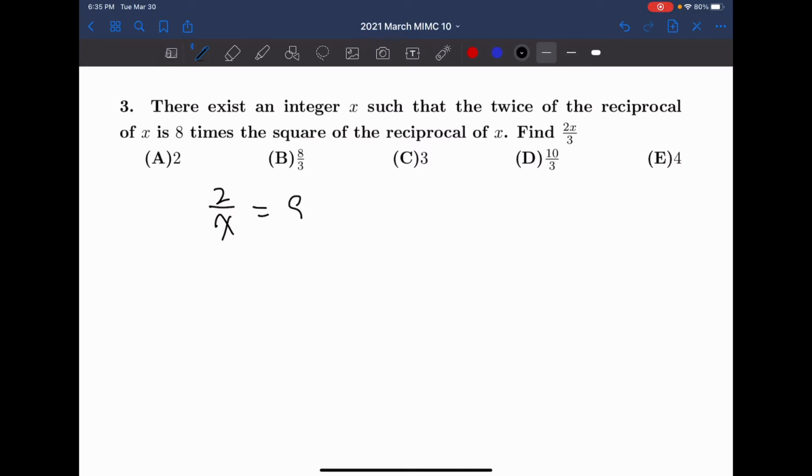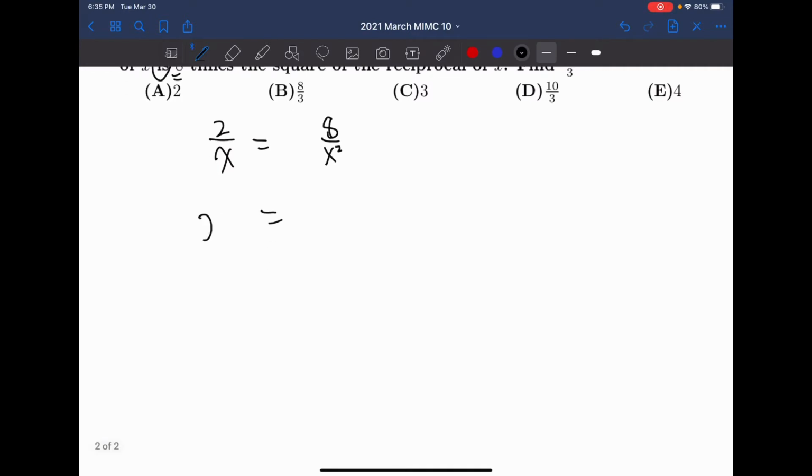So let's write that down. We can write it as 2 over x equals 8 times the square of the reciprocal, which is 8 over x squared. Cross multiplying, we get 2x squared equals 8x.